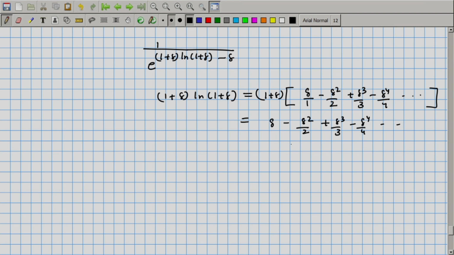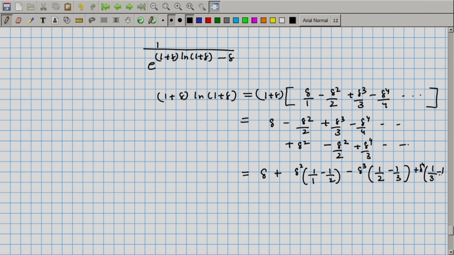When you multiply the delta, you will get plus delta square minus delta cube by 2 plus delta raised to 4 by 3, and so on. So, this is going to be equal to delta plus delta square into 1 by 1 minus 1 by 2, minus delta cube into 1 by 2 minus 1 by 3, plus delta raised to 4 into 1 by 3 minus 1 by 4, and so on.